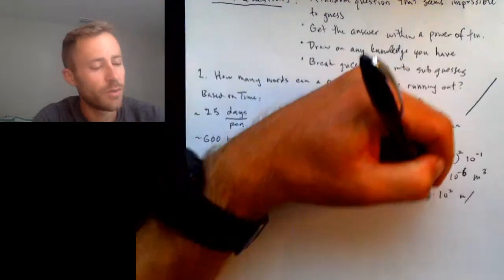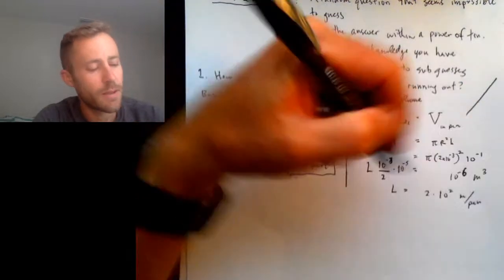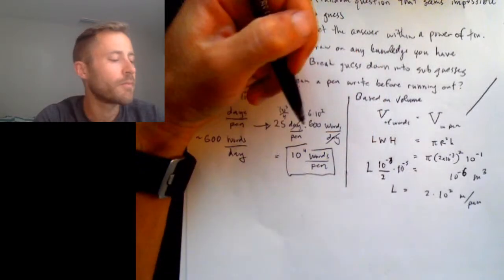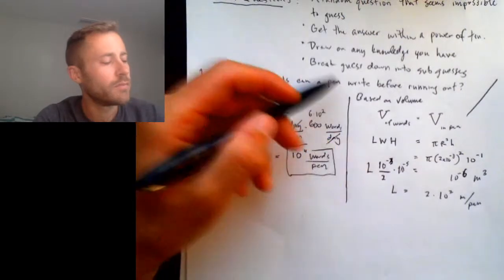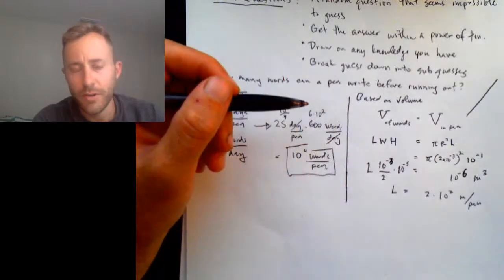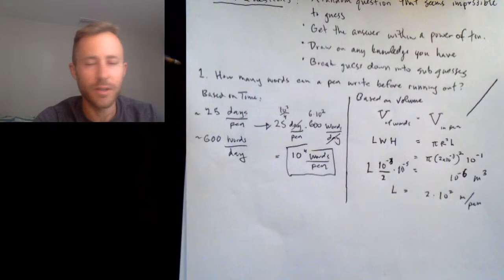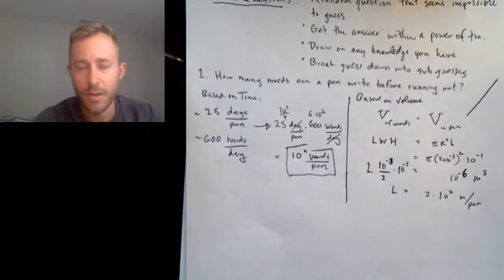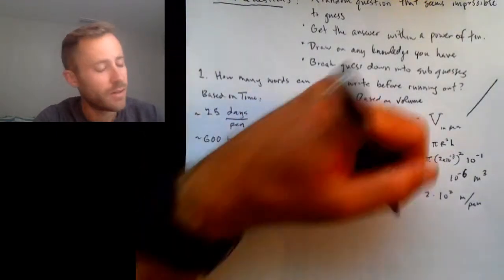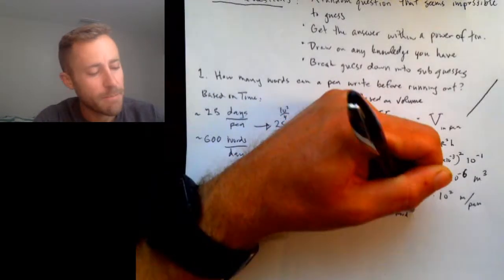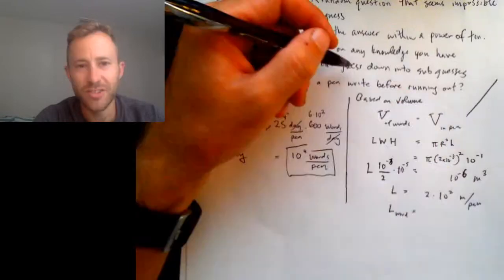So this is 200 meters per pen. Okay. And then I would say that the average word probably has something like 6 letters in it. So what that means is that the length of a word is roughly 10 centimeters or so.